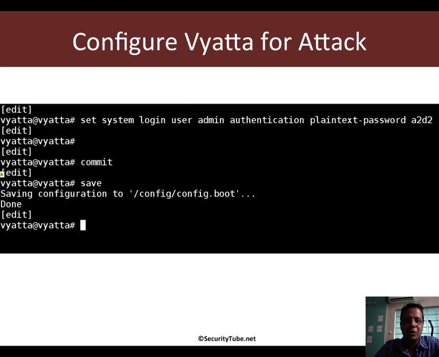Okay, so now for this attack, we'll first have to configure our router Vyatta, and this is the exact same Vyatta router which we used in the previous video. So let's go back.